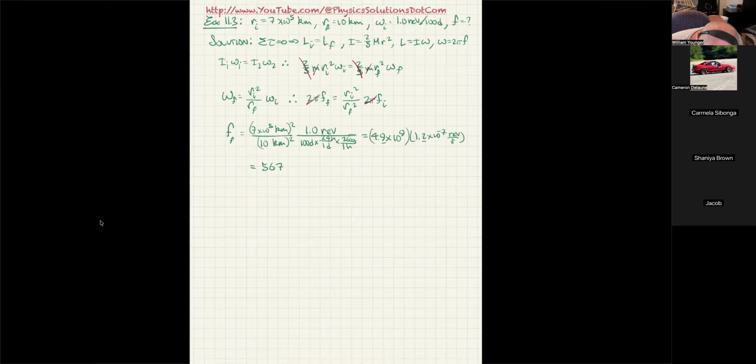We really only had one sig fig, so it's roughly 567 revolutions per second. So that's pretty fast for something that was just recently a full-size star, but now all of a sudden it's about the size of Washington, D.C. in terms of diameter.